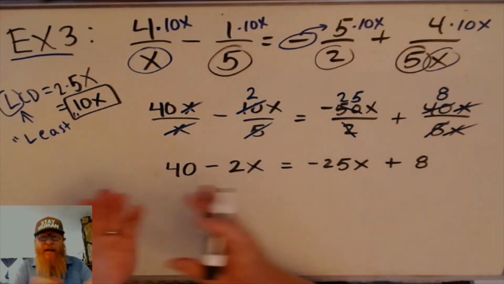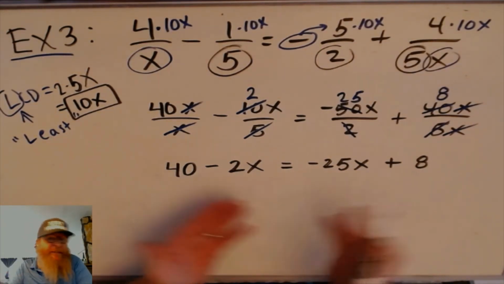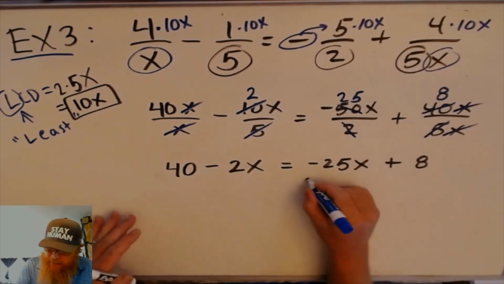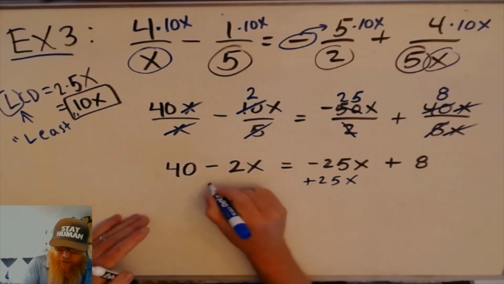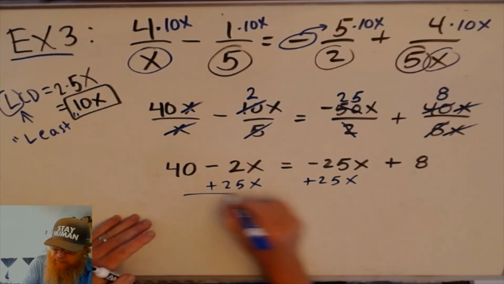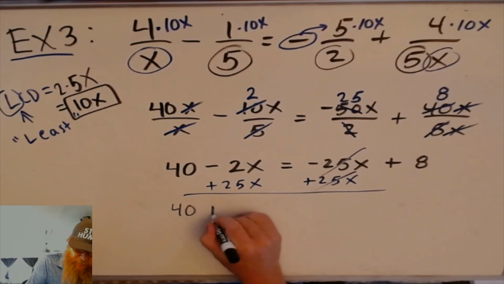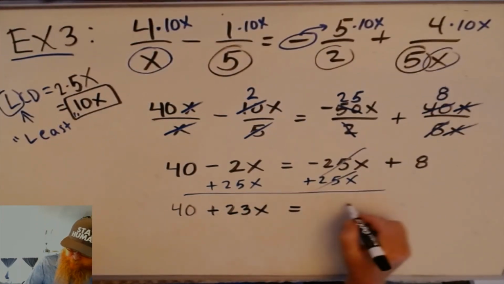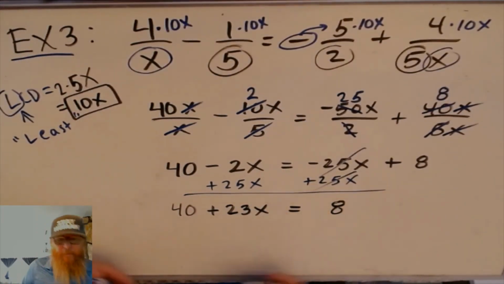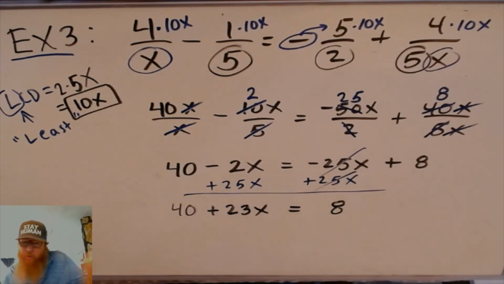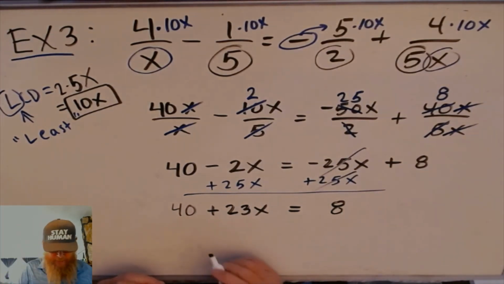I want to move all my x's onto one side. It really doesn't matter which side I go. If you don't care, you can just always move your x's to the left. I don't particularly care. The x could just as well be on the right side and it would still be a candidate.